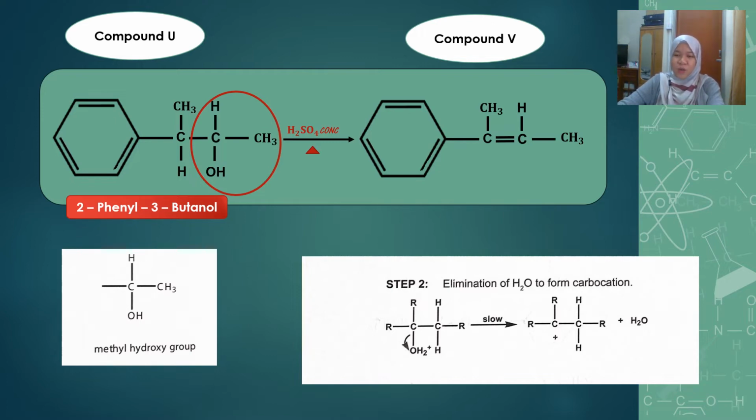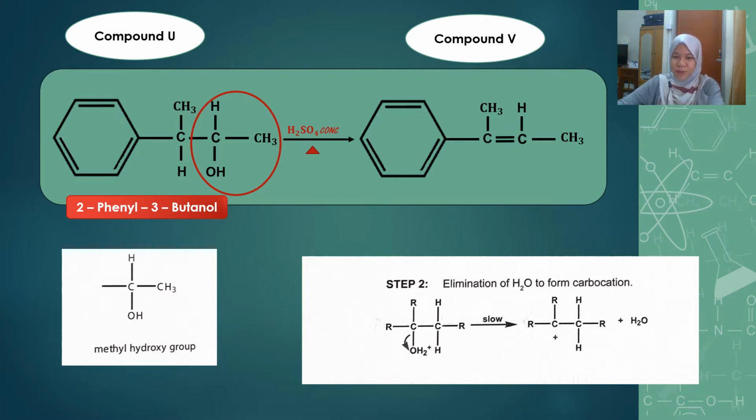Why? Because the two electrons in the bond are given to the oxygen, so the bond between C and O will be broken. The OH2+ becomes H2O, and in the product we have the carbocation. The rate of the reaction is low because it is a bond breaking process.